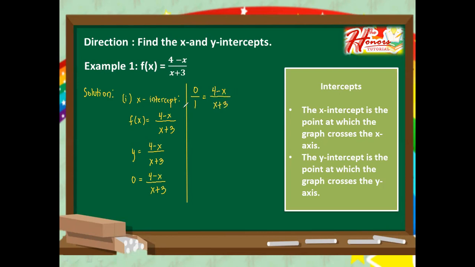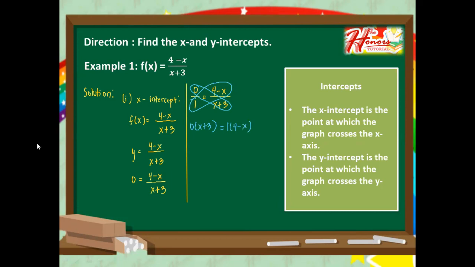And then we will do cross multiplication. These numbers will become partners. So we will be writing 0 times x plus 3, equals, and then 1 and 4 minus x will be partners. So we have here 1 times 4 minus x.